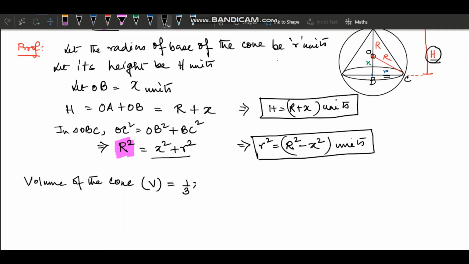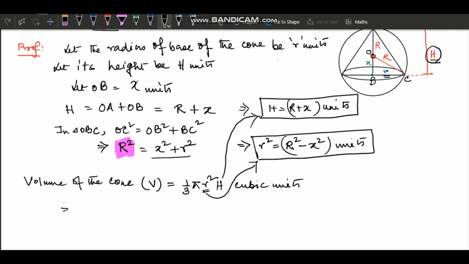This is going to be small r square because that is the radius of the base. Now you see, in this we can replace r square using this value that we have got, and also h can be replaced by this.